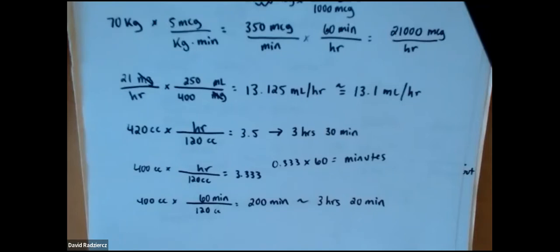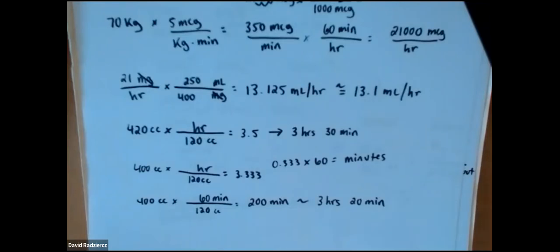Okay, so 22, 23, and 24 are all going to help you out with the heparin protocol, which none of you asked about, but I'm hoping that you have a good idea with that.